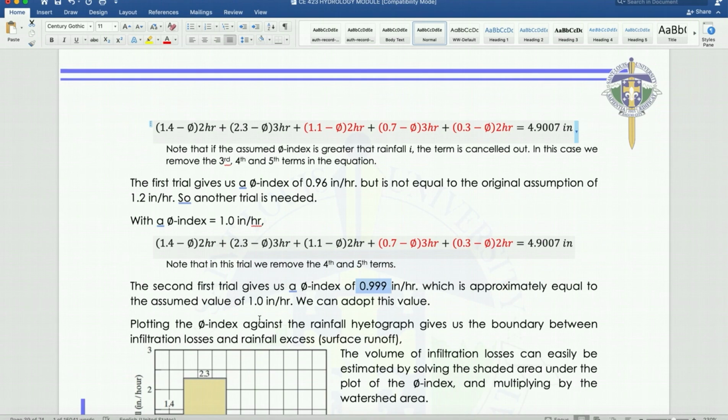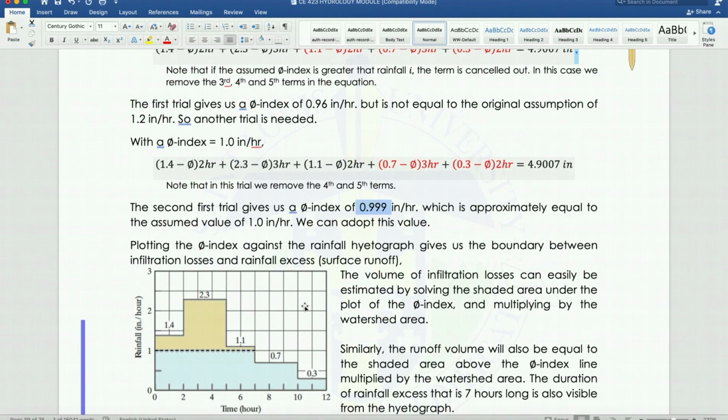Okay? Thus, we can now plot it to our hyetograph so we can check the losses and the excess. So, we have here on the y coordinate the rainfall, and on the x coordinate the time.